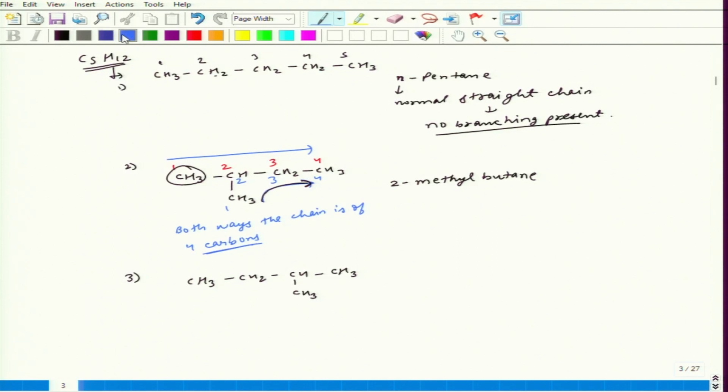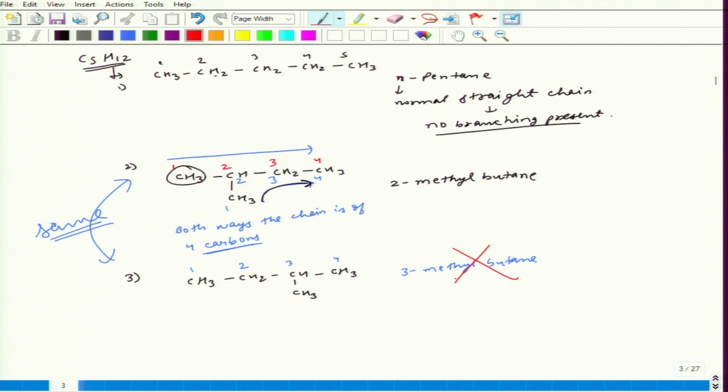But this will not be the case. Both these structures are same. How are these same? Let us see. Okay, let us name it. We will name it 1, 2, 3, 4. So, you say yeah, it is 3 methyl butane, but no, it is not correct actually.